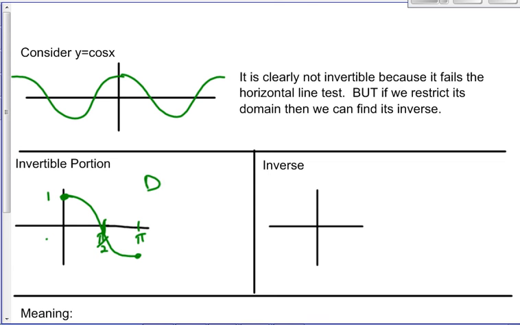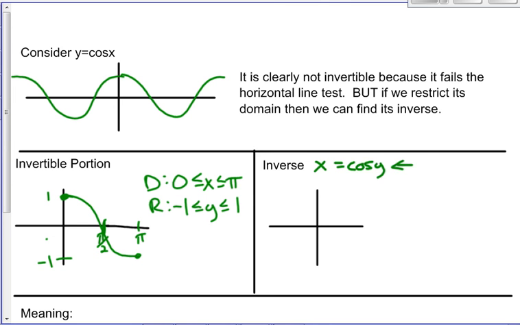Okay, so the invertible domain is going to be from 0 up to pi, and the range that results is from -1 to +1. The inverse of y equals cos x is x equals cos y, or y equals the inverse cos of x.